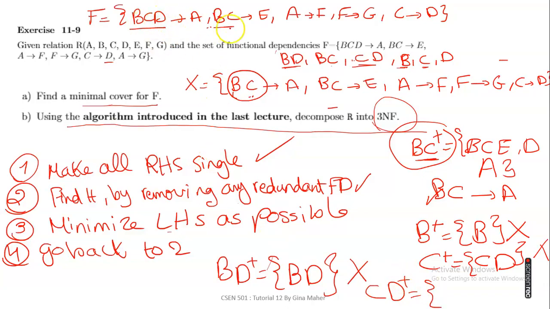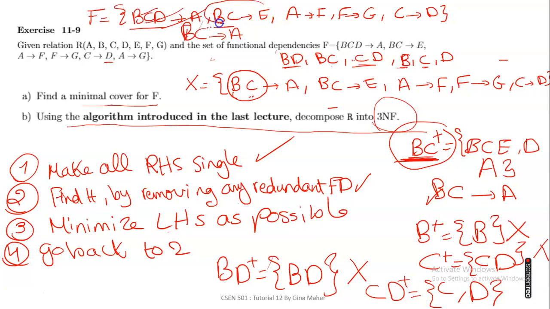This cannot be added either, so this one will end with CD as well, so this replacement cannot be done. So the only thing that can be done is BC. So in this case, we can remove this one and simplify it to BC implies A.